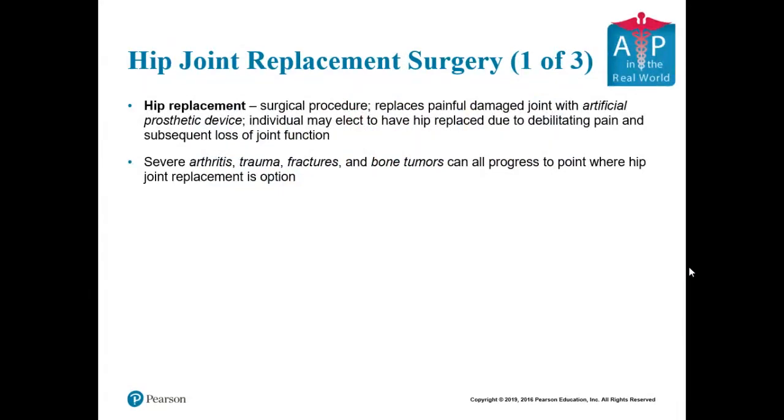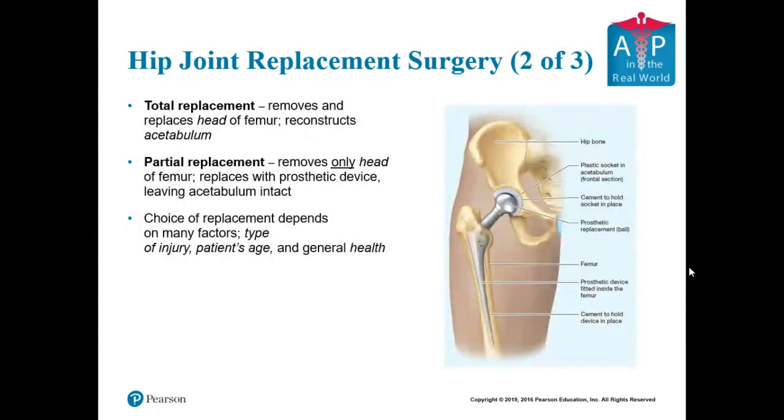Okay, so hip joint replacement is a case study, right? So hip replacement can be total, if you will, total replacement of the hip, which is going to modify the acetabulum, and then evidently change the entire bone, the femur, right? So they remove the head of the femur, the neck of the femur, and they insert, if I'm not mistaken, a titanium type of metal there.